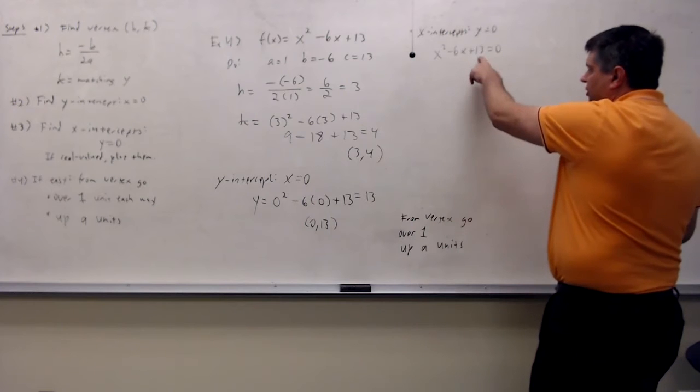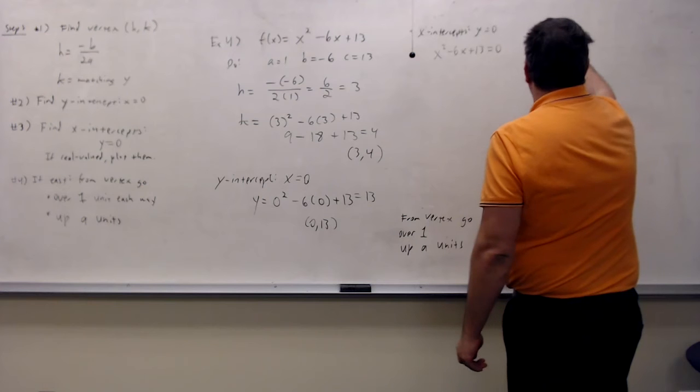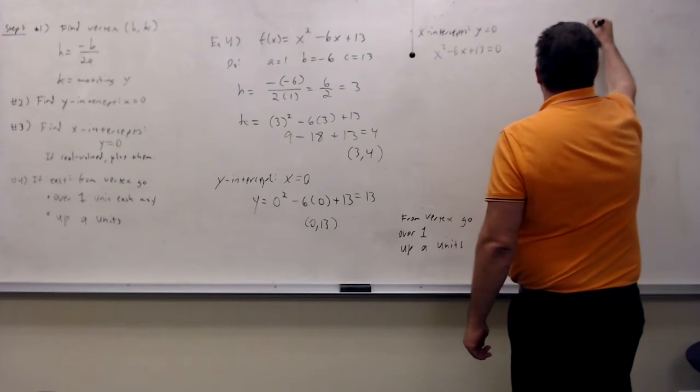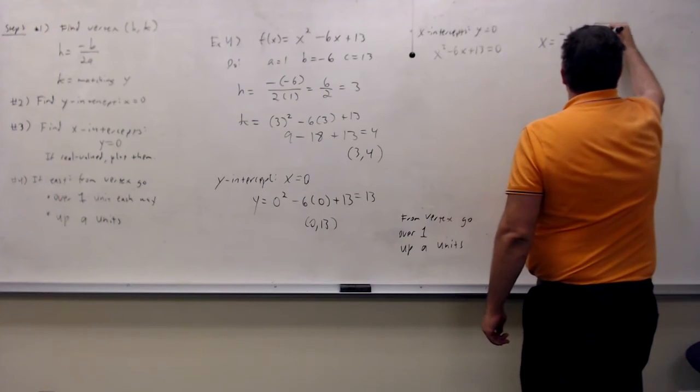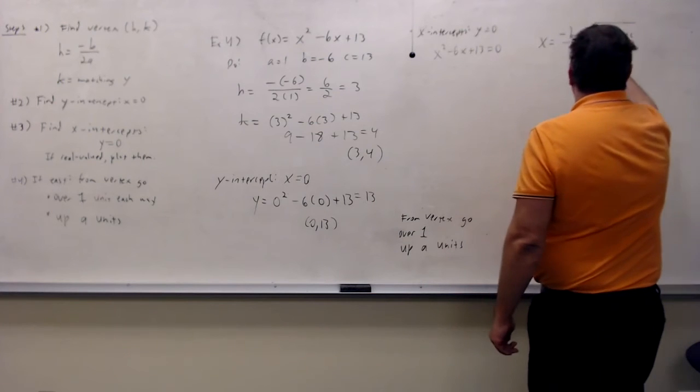Next step, I have x squared minus 6x plus 13 equals 0. There's no pair of factors of 13 that add to -6. So I'm going to have to use the quadratic formula. x equals -b plus or minus the square root of b squared minus 4ac, all over 2a.